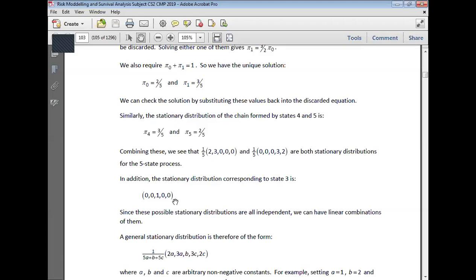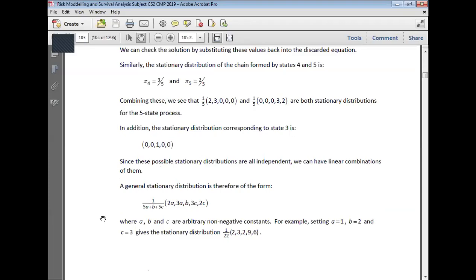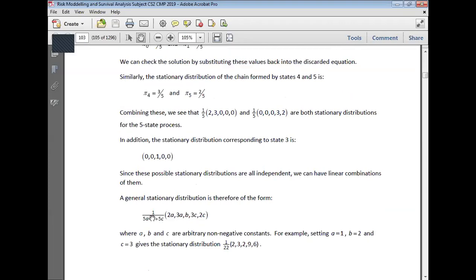Whichever subset I land in is the subset I'm going to stay in forever. Because all of these three subsets are independent of each other, you can generalize these stationary distributions in such a manner that you just put these A's, B's and C's over here. Just give me a minute.